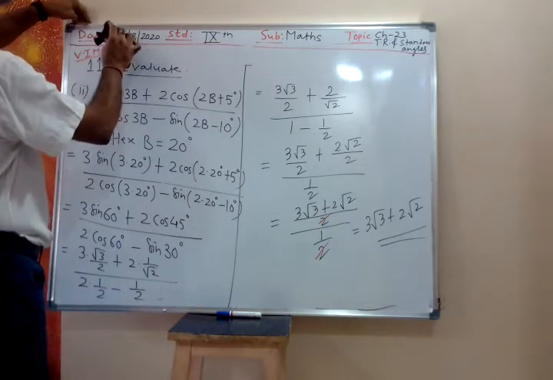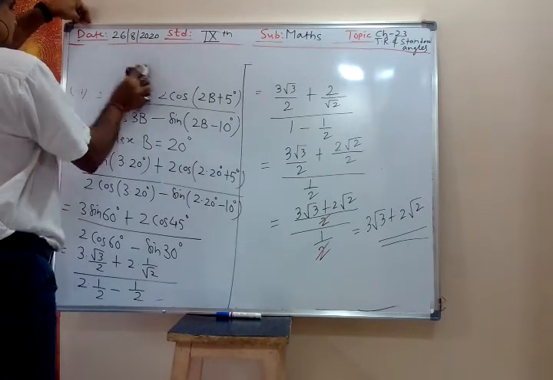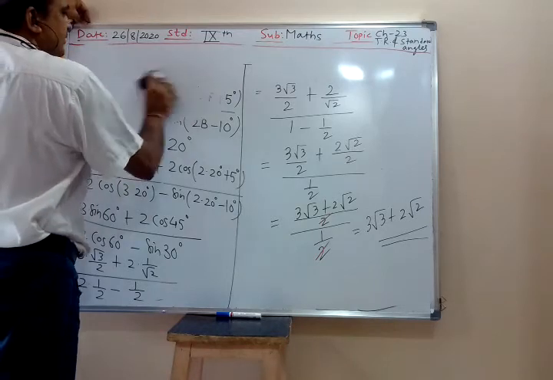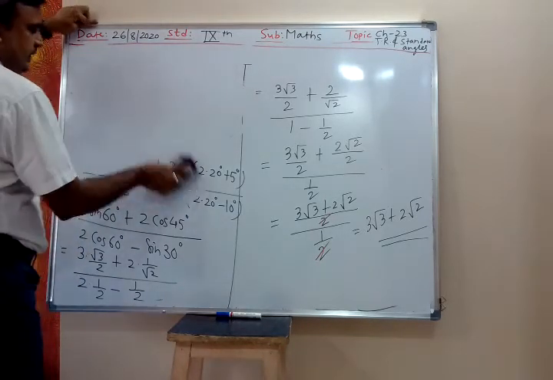I've taken LCM of 1 minus 1 by 2. LCM is 2. Now 23rd B.